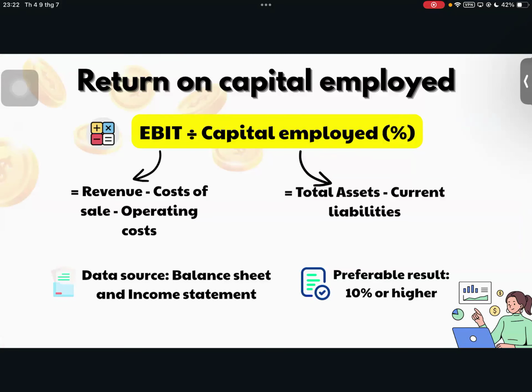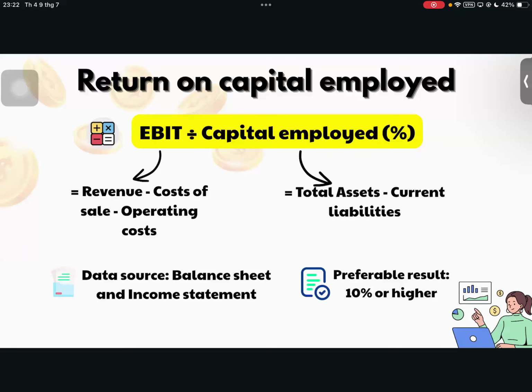Next, let's talk about the return on capital employed. This is one of the most important figures about the efficiency of the supplier. Some people may consider it the ultimate measure of a supplier's or a company's efficiency.